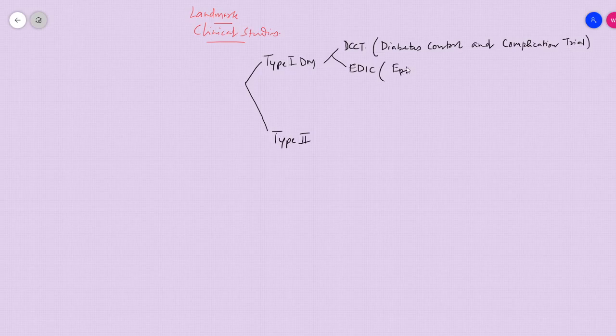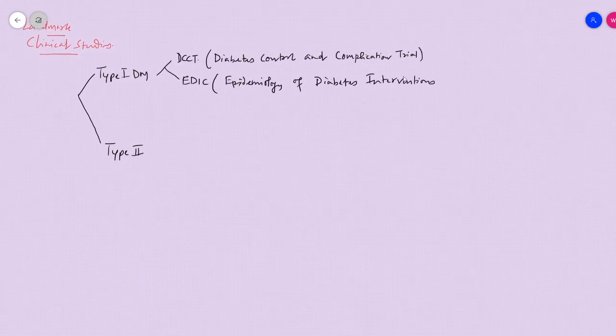What was EDIC? EDIC is Epidemiology of Diabetes Interventions and Complications. Basically it's the continuation of the DCCT study.